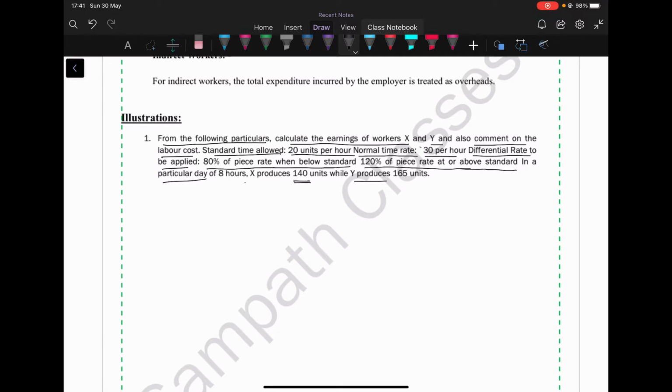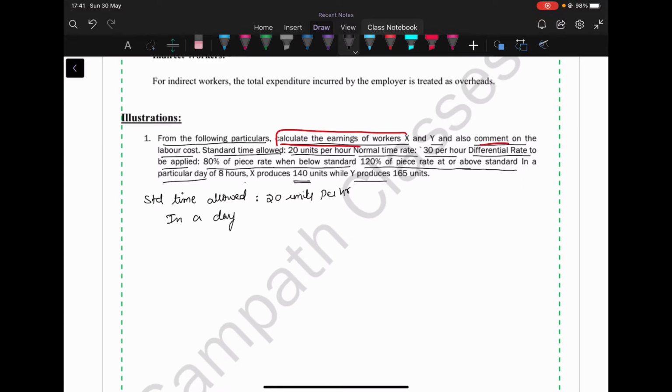Here, what is it asking us to find out? It is asking us to calculate the earnings of workers X and Y, and also to comment on the labor cost. Standard time allowed is 20 units per hour. 20 units per hour, in the sense, in a day how many hours?